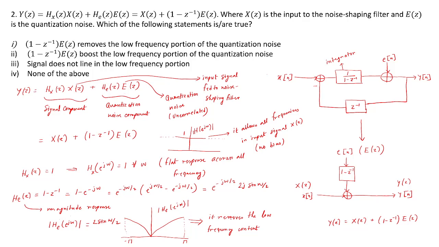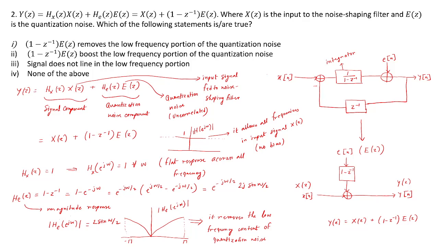Therefore, at output, what it does, it removes the low frequency content of quantization noise. So see, the X(z), that is the input signal component, the desired signal component, is multiplied with Hx(z), which has a frequency flat response, that it allows all the frequencies present in the signal, whether it is low frequency or high frequency. However, what the noise shaping filter is doing, it is making the noise colored.